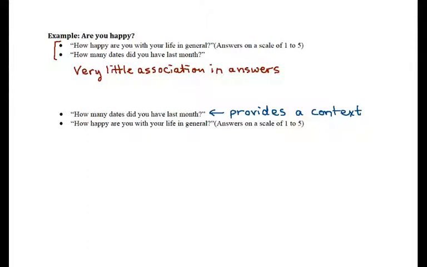How happy are you, right? You can imagine that there's a very, very strong positive association in this case. So a very strong positive association, what this means is somebody who had more dates was more likely to state that they are happy.